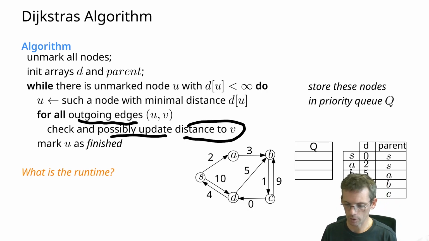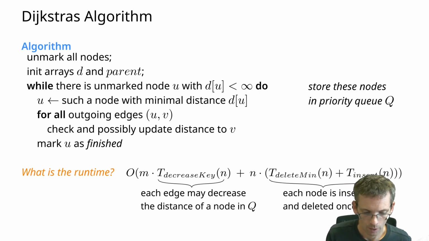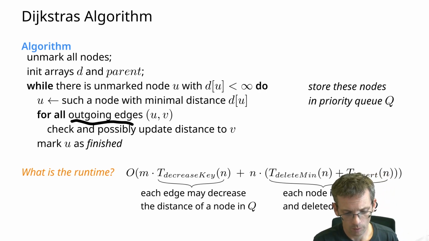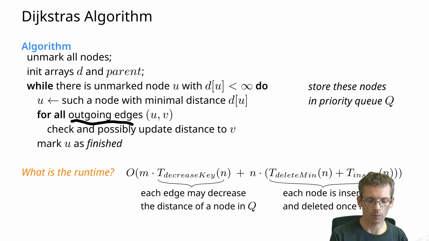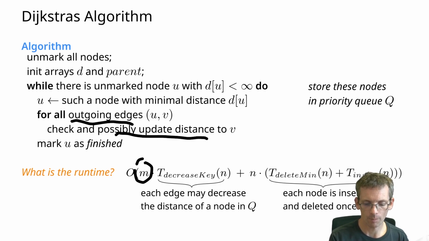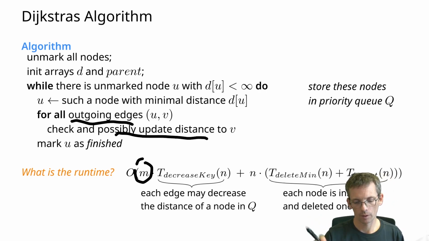That we can do efficiently with a priority queue. Essentially every edge will occur once. I get a running time of m times, and then possibly I need to update the distance to the node at the end.